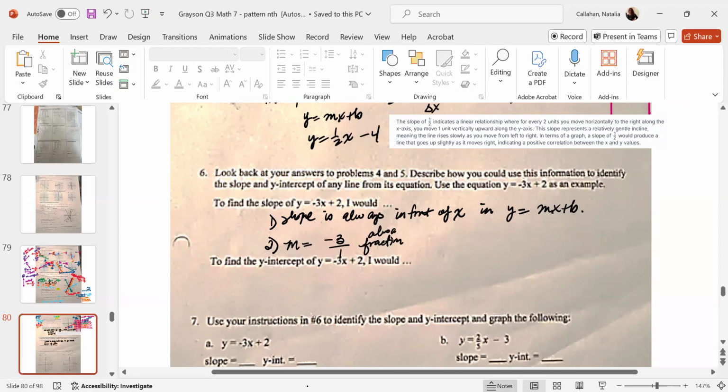It's generally always in a fraction, right? So that means I go down 3 over 1 to the right. And the shape of it looks like that. Now you go ahead and do the y-intercept.